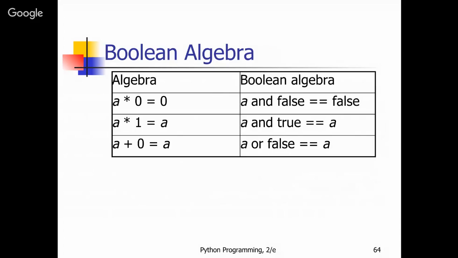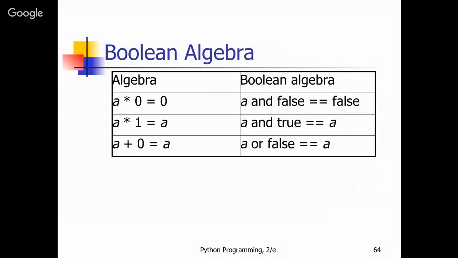It turns out that AND corresponds to multiplication, whereas OR corresponds to addition. If you remember one thing, remember that AND translates to multiplication and OR translates to addition.